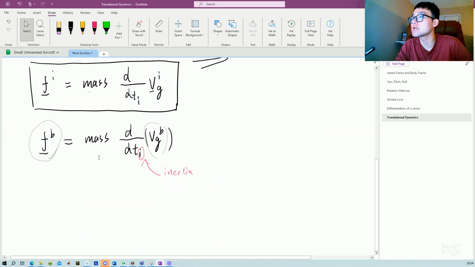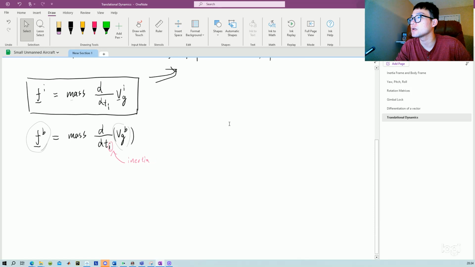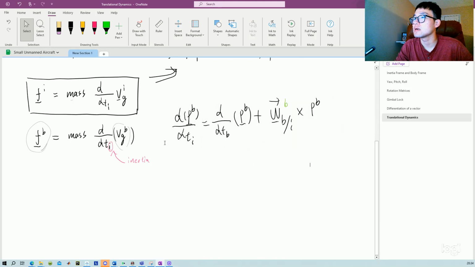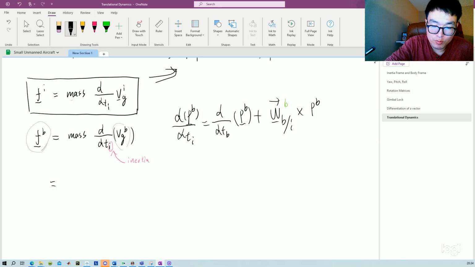If we take this conclusion here and apply it on the velocity vector, that will equal the mass multiplied by, in this case, not the general vector p, but the vector Vg b, the velocity vector.